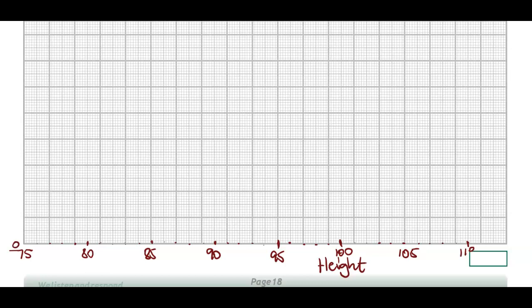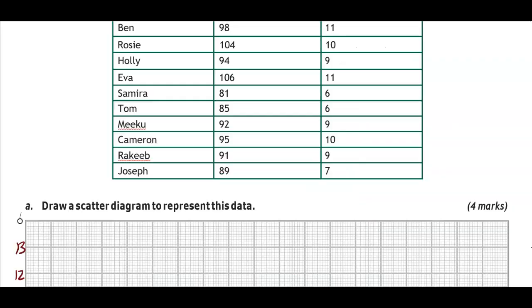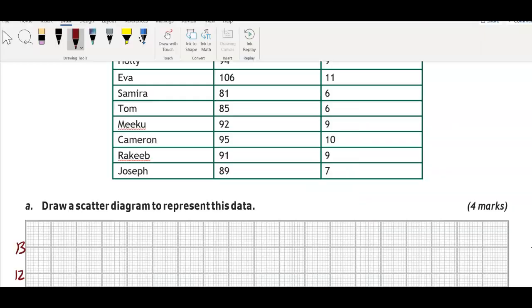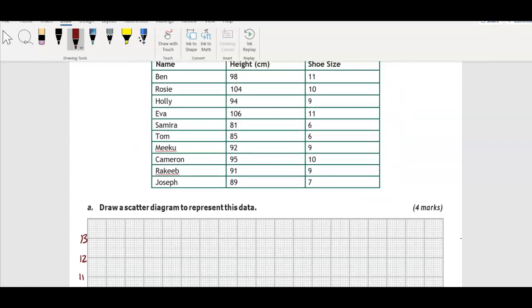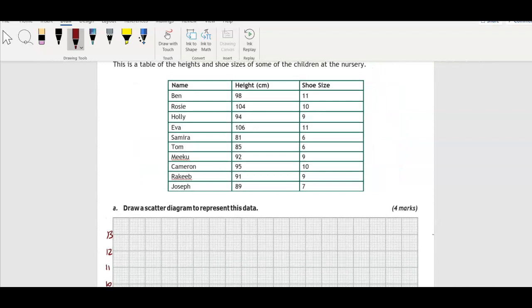So start from 0, 1, 2, 3, 4, 5, 6, 7, 8, 9, 10, 11, 12, 13, and so on. I will zoom out a bit so hopefully we can see this a bit more clearly. So 98 the height and shoe size 11.